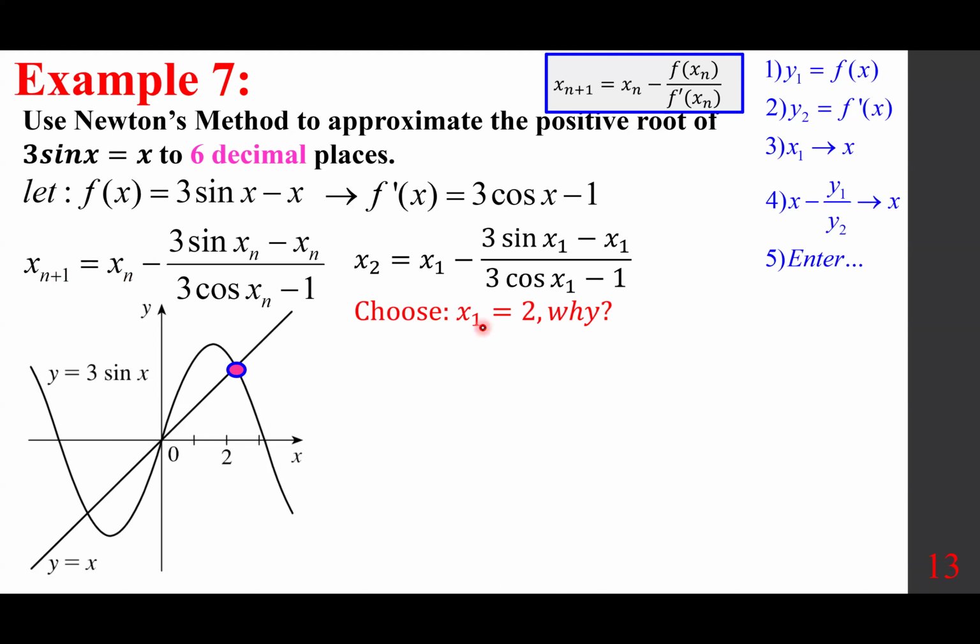But why is x sub 1 equal to 2? Because you have to choose something. You can see that this one, we may not know the x coordinate, but it's close to 2. So it's clear that the best course of action is to choose number 2.